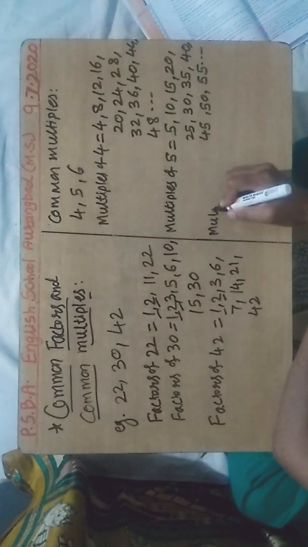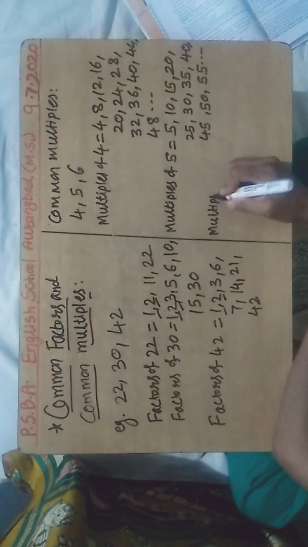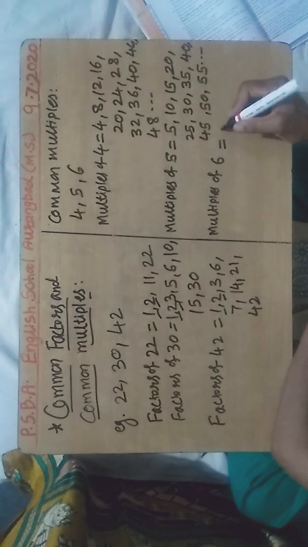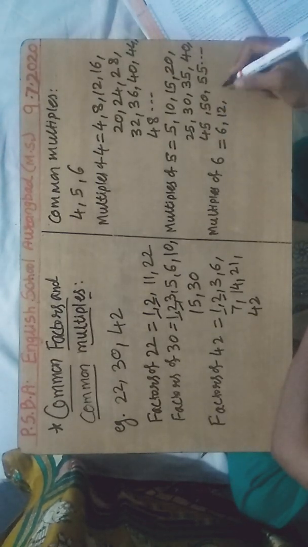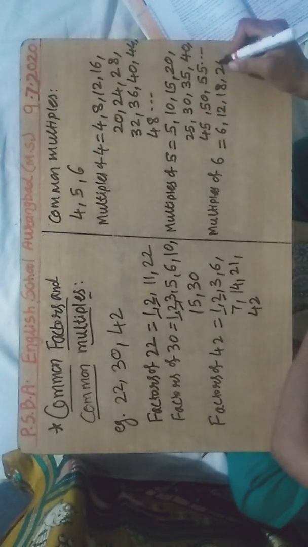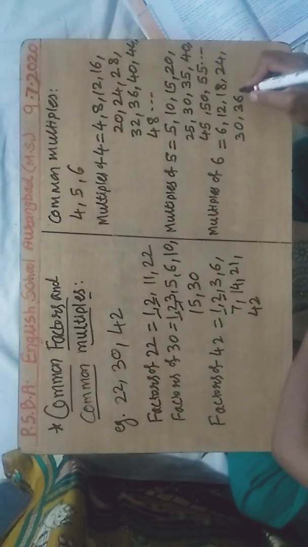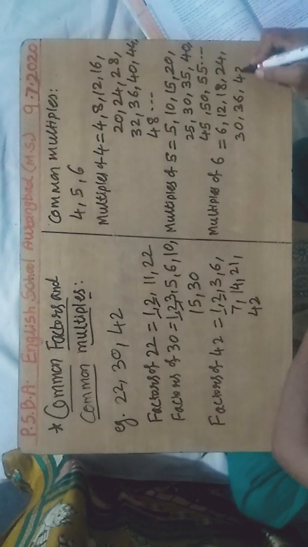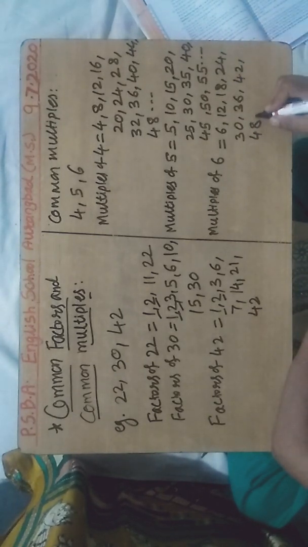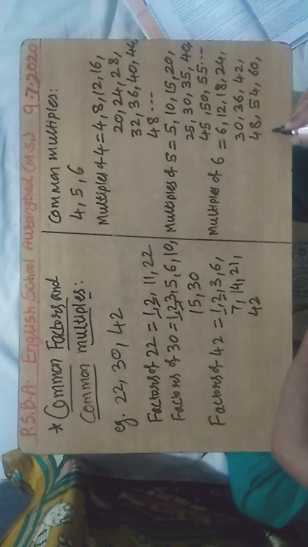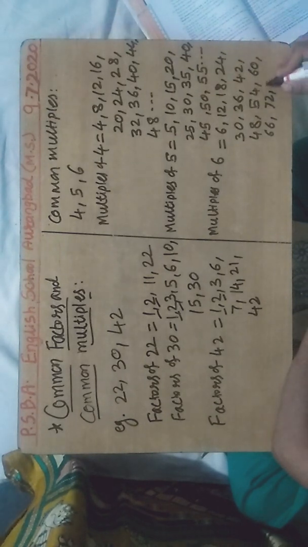Similarly, multiples of 6 are 6, 12, 18, 24, 30, 36, 42, 48, 54, 60, then 66, 72, 78 and so on.